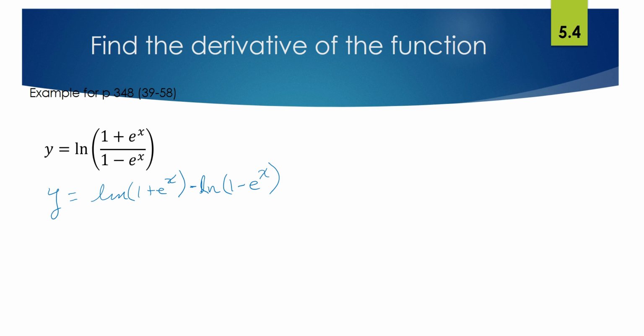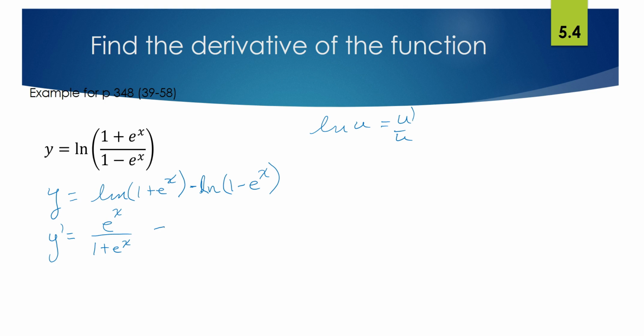Then my ln of u rule is u prime over u. And so I have y prime is equal to 1 plus e to the x in my denominator, and then the derivative of 1 plus e to the x, just e to the x, because 1 is 0, e to the x is just e to the x.